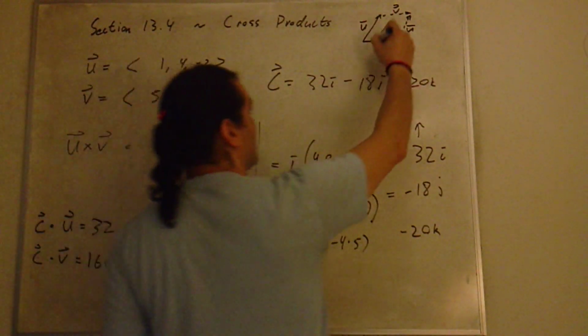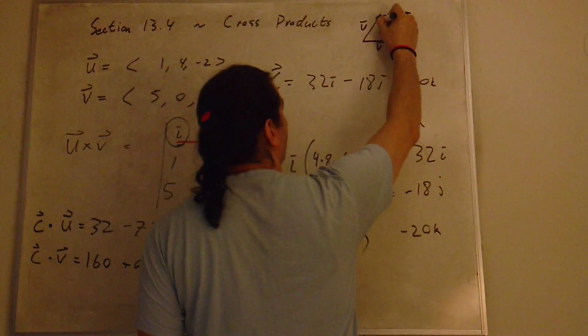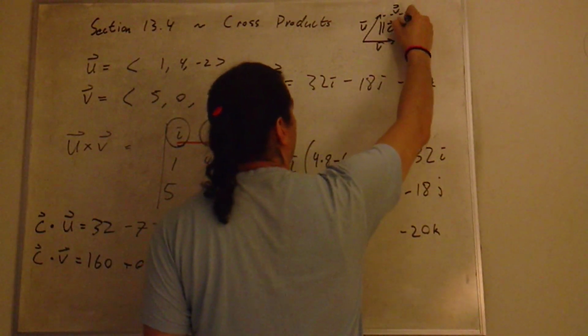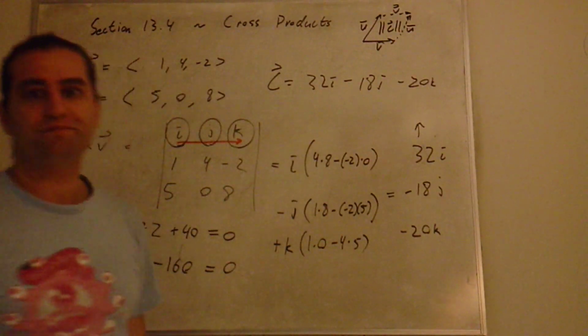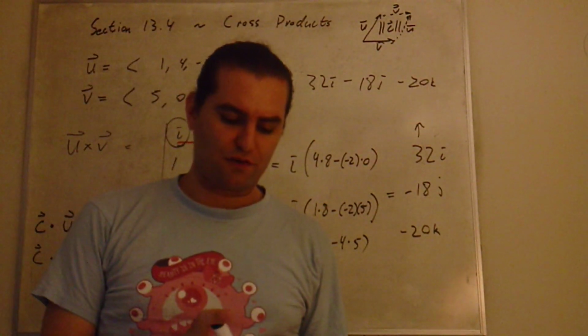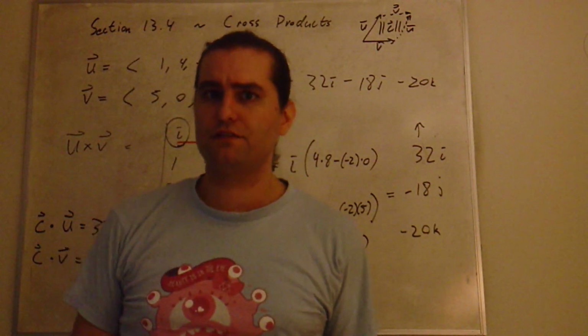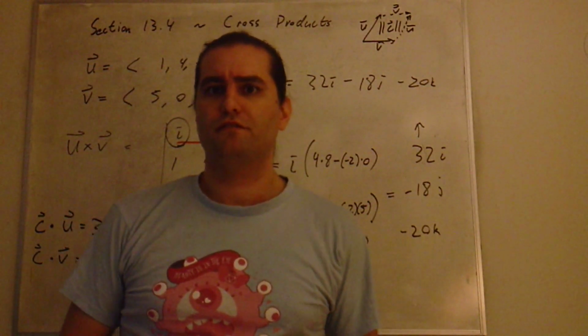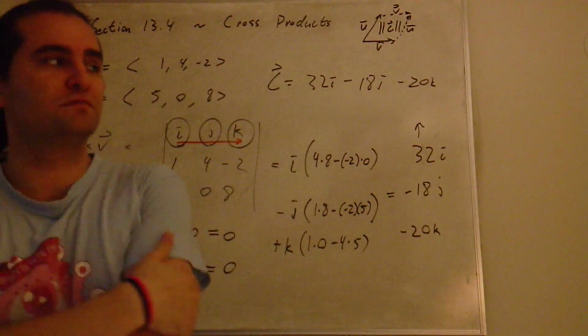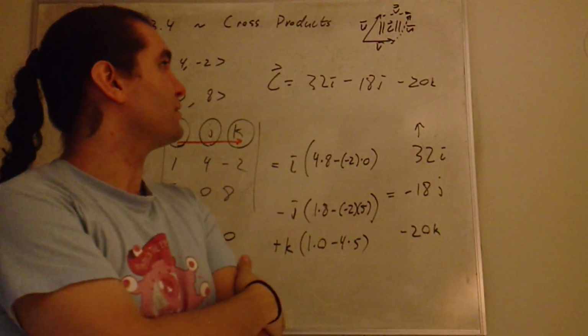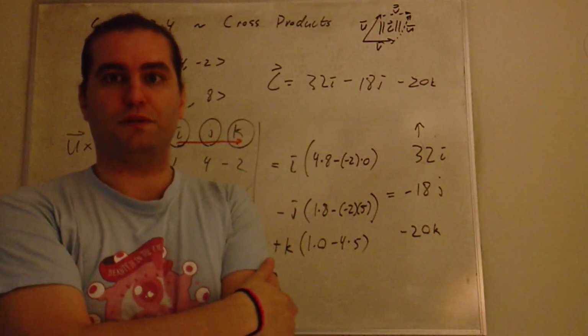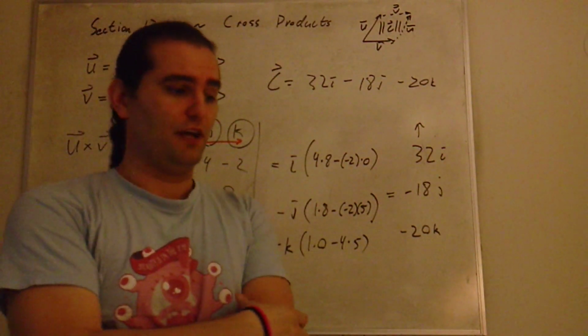And the area of this parallelogram is the magnitude of the cross product. I don't think that's ever going to be super relevant for the rest of Calc 3, but it's handy to know, and I'm pretty sure it comes up at least once in this homework assignment. So, now you know, and knowing is half the battle.